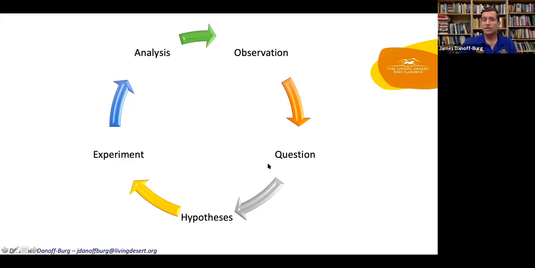After we have that question in mind, we might make some hypotheses as to how that question may be answered. We might create an experiment to test those hypotheses, to see which is best supported by the data to answer the question. And then we do some analysis about how to implement it. That might create some new observations, some new questions, some new hypotheses, and so on.